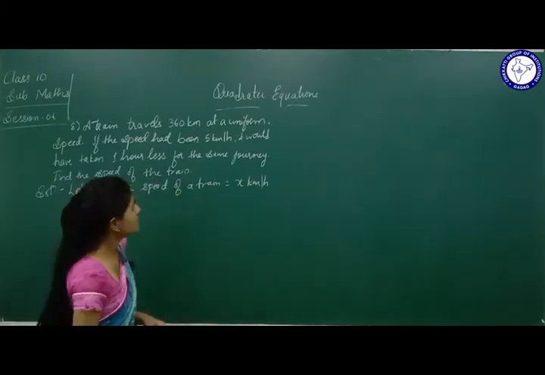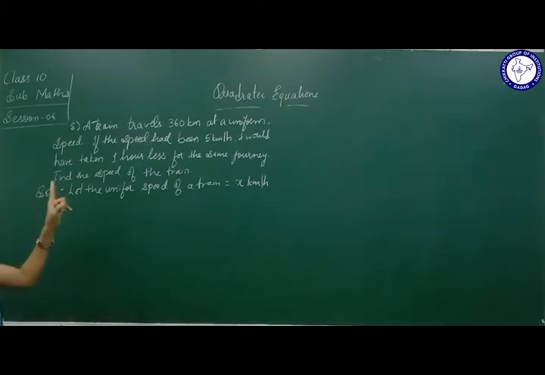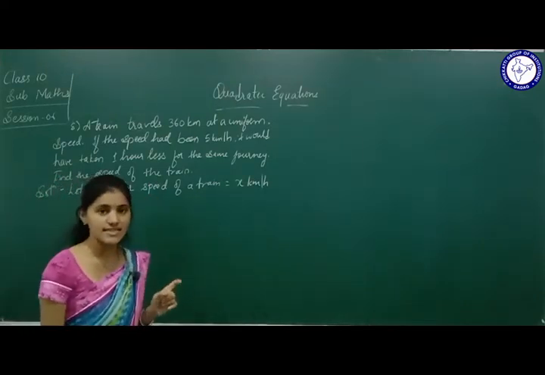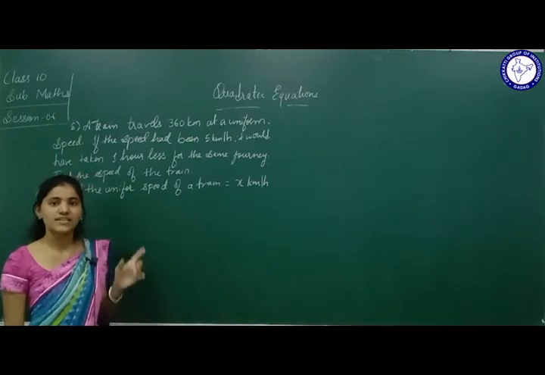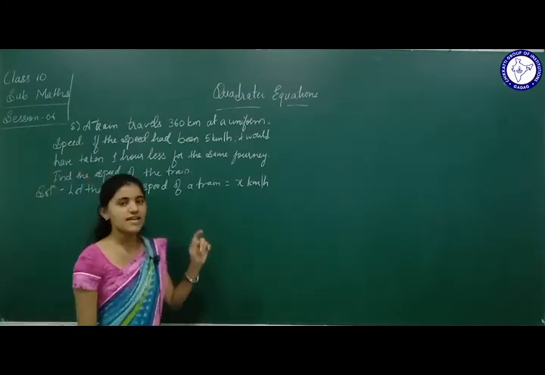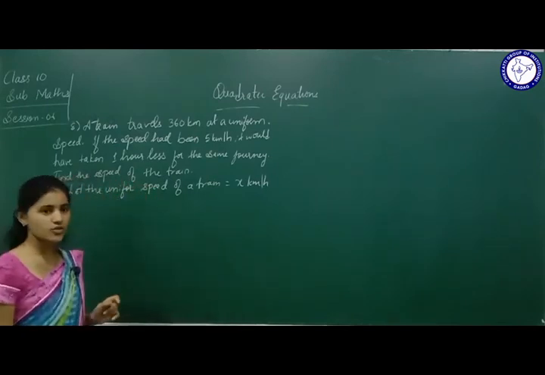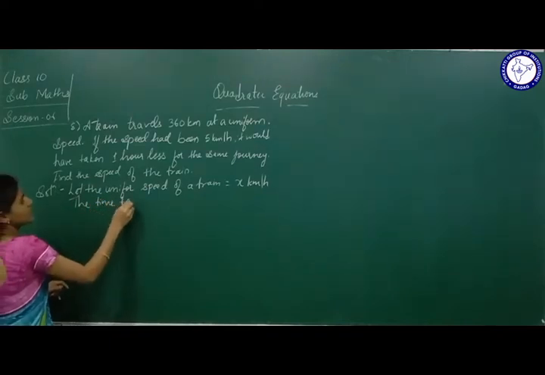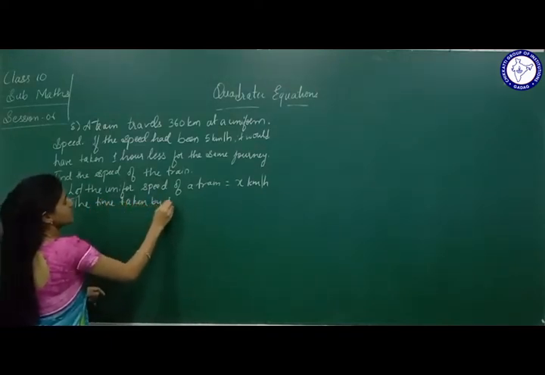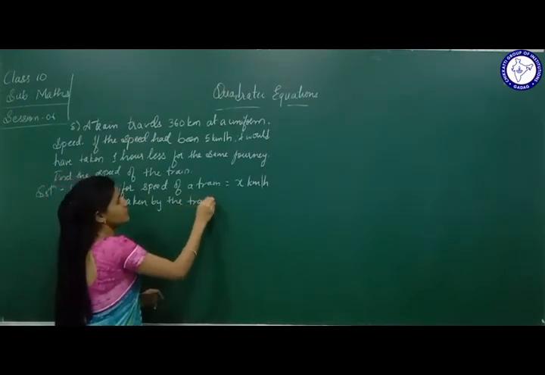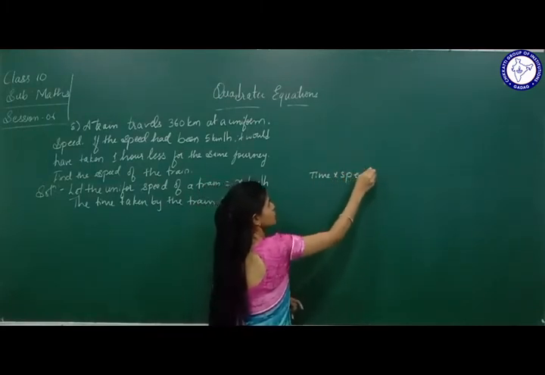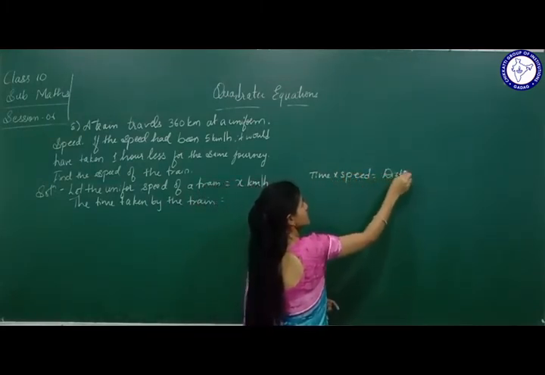And what they have said, if a train travels 360 km at a uniform speed, if the speed had been 5 kilometers per hour more, in the sense they haven't given us the time taken by the train to travel this distance of 360 kilometers. Then the time taken by the train, we have a formula, time into speed is going to be distance.